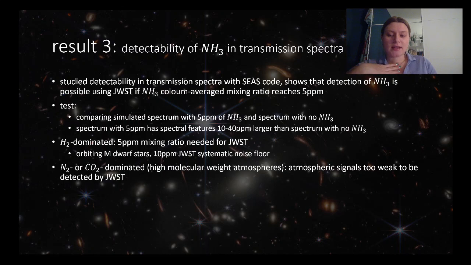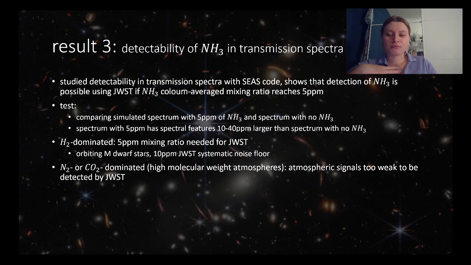They actually tested that on different dominated atmospheres, and they found that the H2-dominated atmosphere needed the 5 parts per million mixing ratio for the James Webb Space Telescope to be able to detect it.